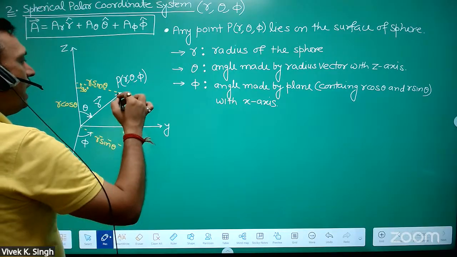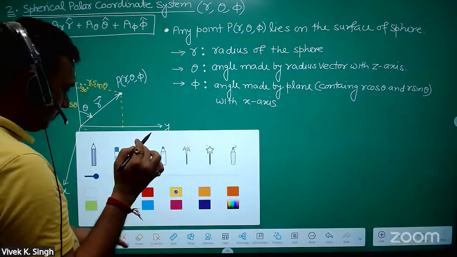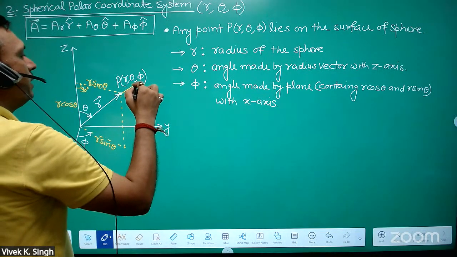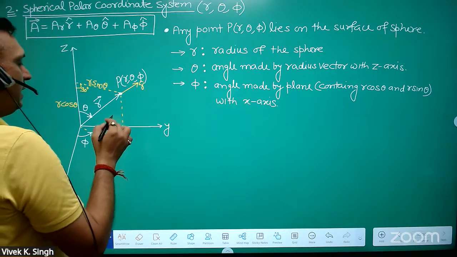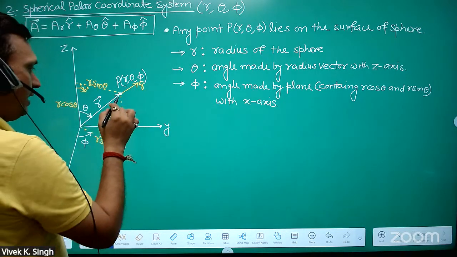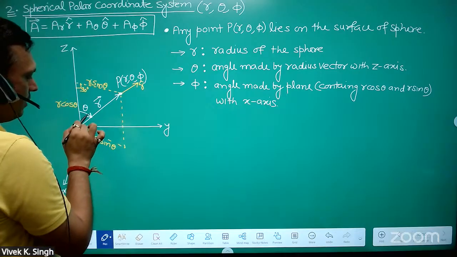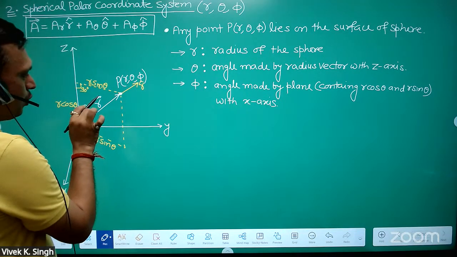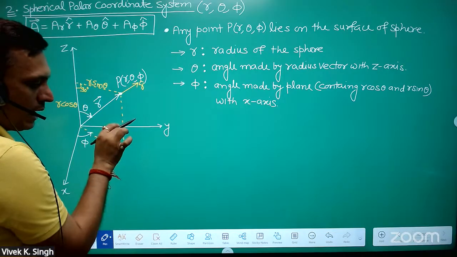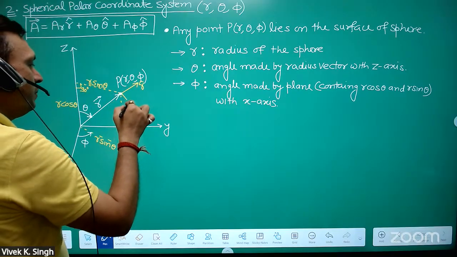This is the increasing direction of r, so the increasing direction of r is r cap. The increasing direction of theta is perpendicular to r cap, because this arrow shows the positive direction of theta. If point P moves along theta cap, then theta must increase. So that's why this is the direction of theta cap.